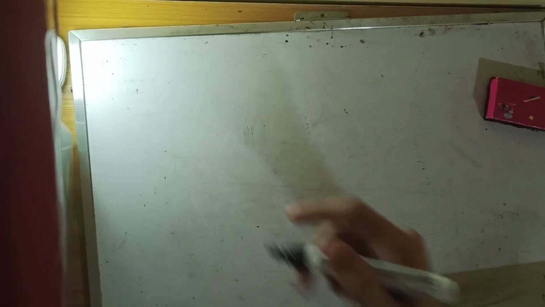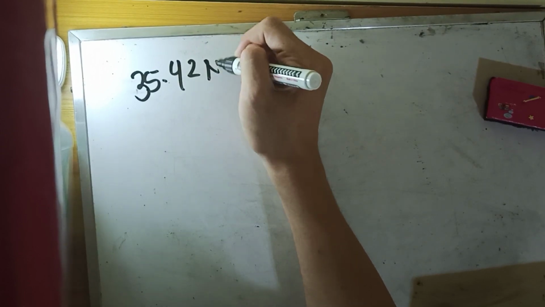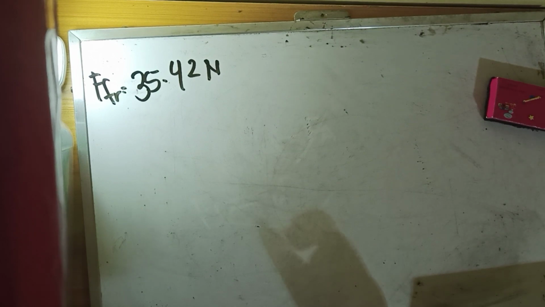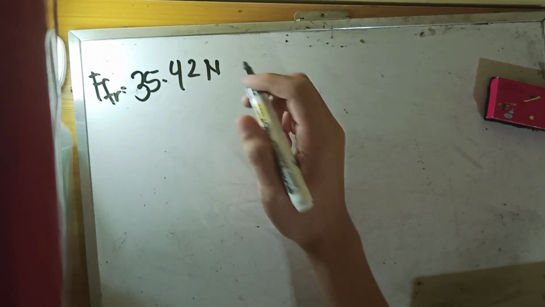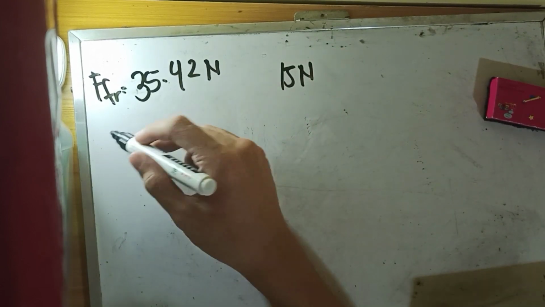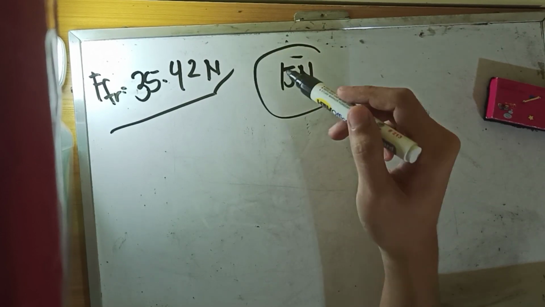So, for letter B naman, gagamitin pa rin natin na basehan yung ating nakuha kanina na static friction, which is yung 35.42 Newton. Ating static friction na nakuha kanina. So, to solve for the friction for letter B, we have the given 50 Newton applied force. So, makikita natin, mas mataas pa rin yung ating friction compare sa ating applied force.